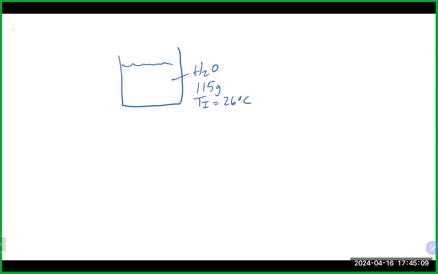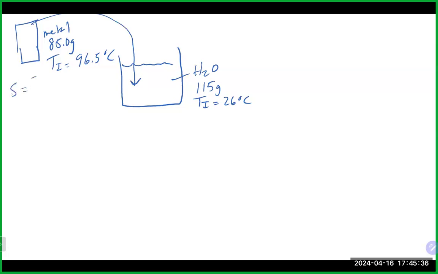And let's just say I have a piece of metal. And we got like 85 grams of this metal. And we'll say we heat this metal up to like 96.5 degrees Celsius. And I decide that I'm going to toss this metal into this water. And what I want to eventually know is what is the specific heat capacity for the metal.